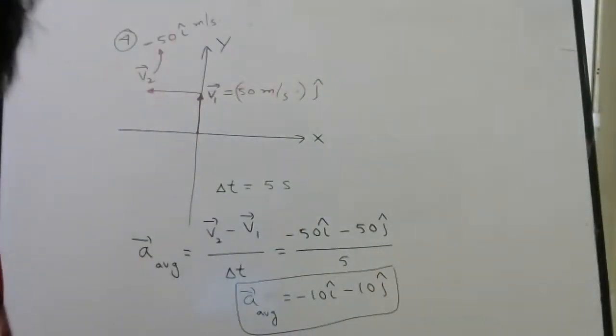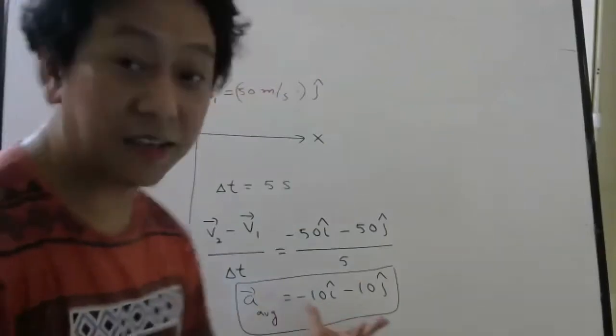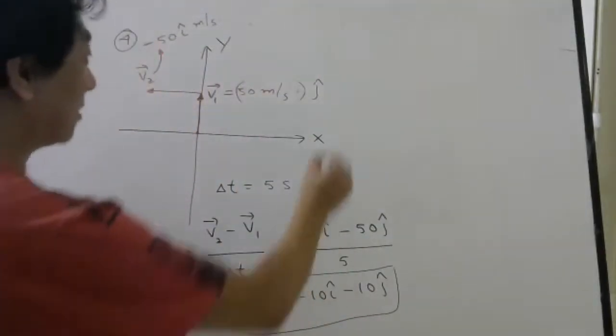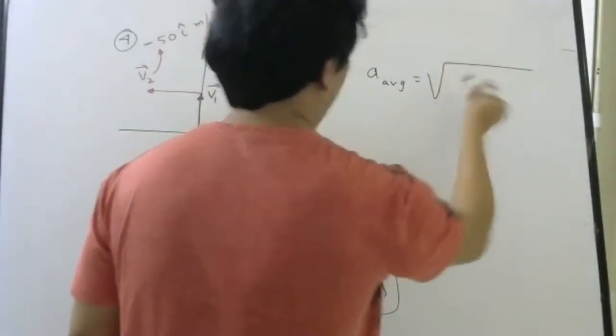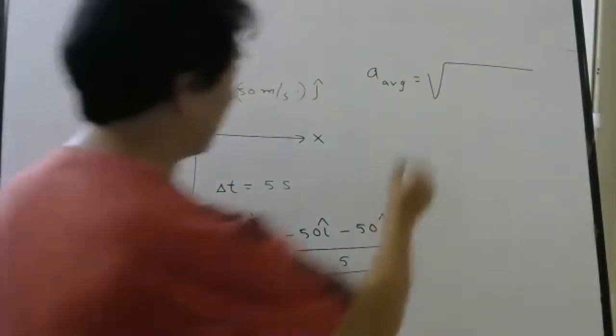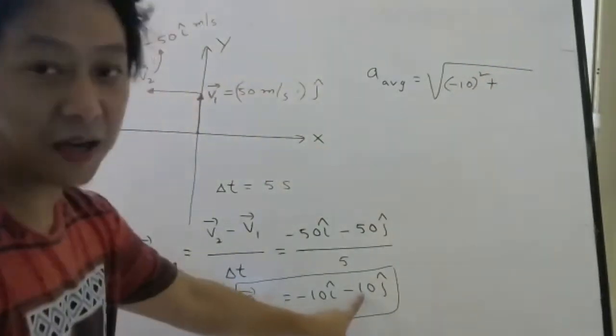After we have found the average acceleration in vector form, once we know it in vector form, the magnitude will come like this. What is the magnitude? Root over x component square. What is the x component of this? Minus 10 square plus y component minus 10 square.